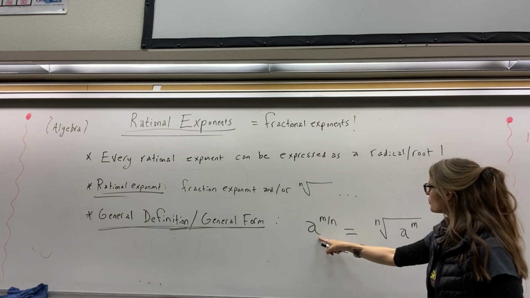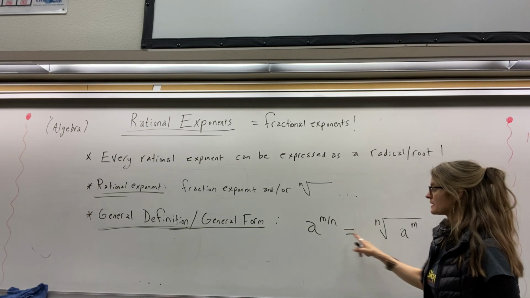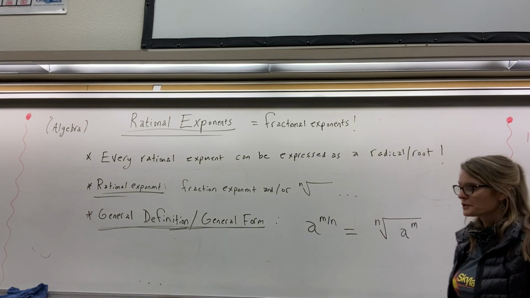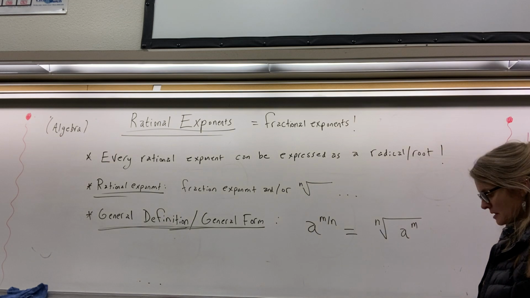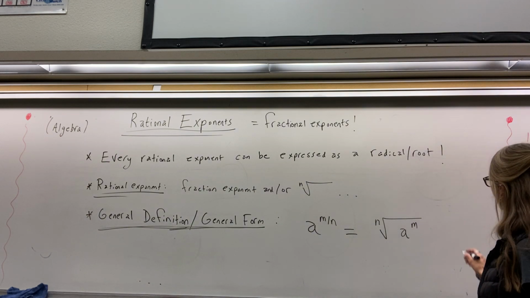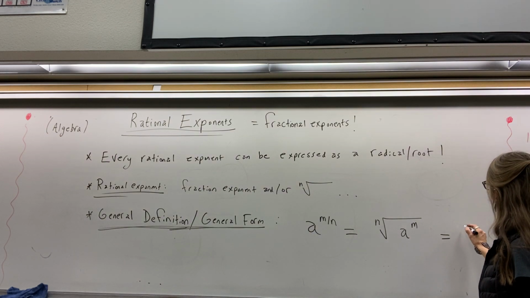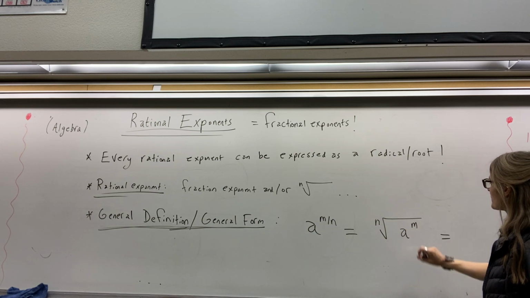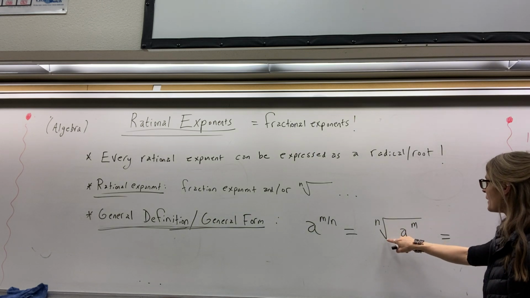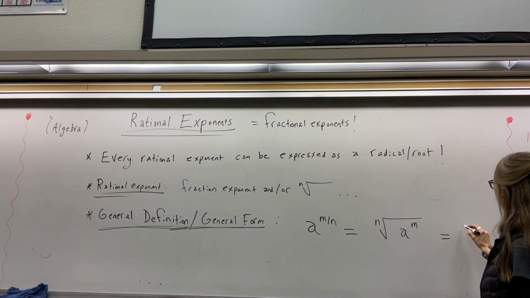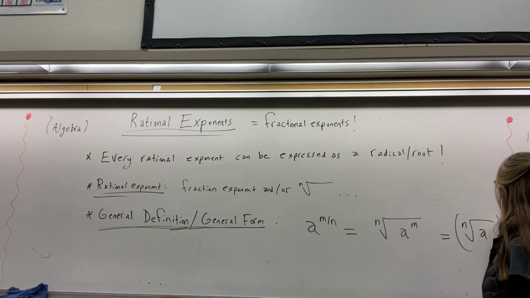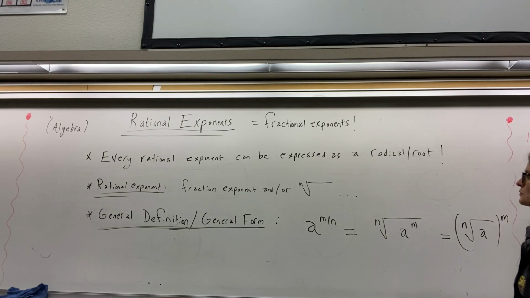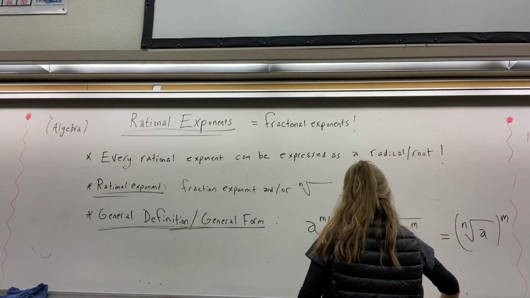So these are equivalent, two ways of saying the same thing, from which we can evaluate and simplify expressions. Another way of writing this is the nth root of a to the m. Really important idea.